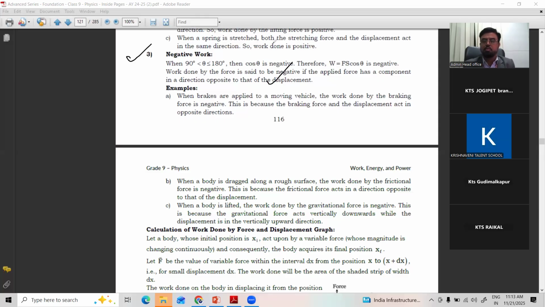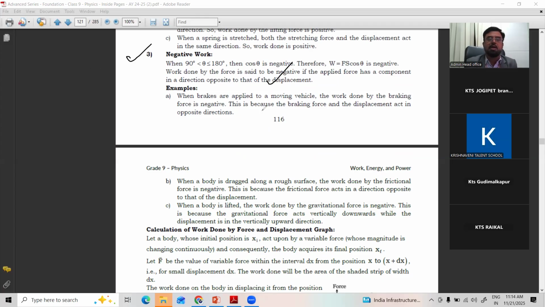Take a lawn roller: when you are cutting grass in gardens, maybe some of your houses use a lawn roller or grass cutter. You apply force in some direction, but the roller moves in another direction. Whenever the force and displacement are in opposite directions, the work is said to be negative.